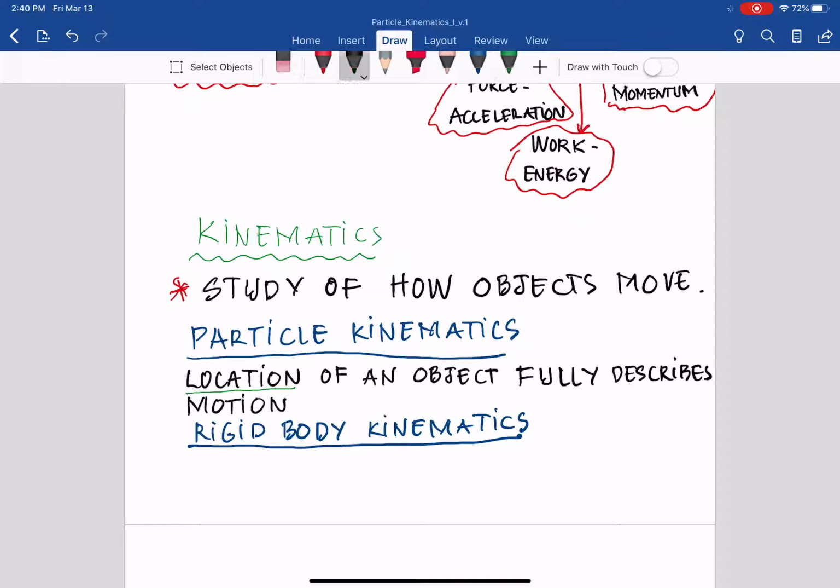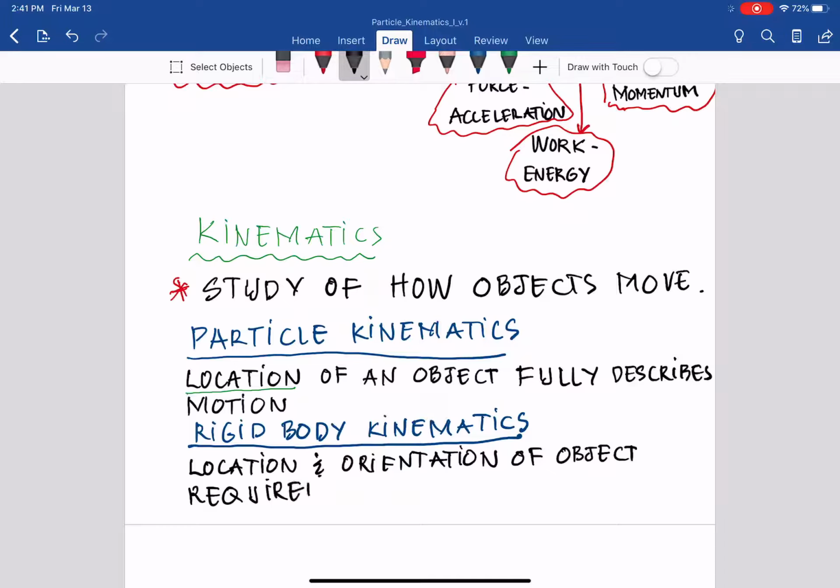So it has to be both location and orientation, the direction of the body or object, required to describe motion.